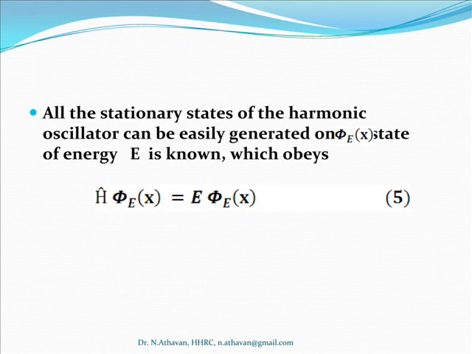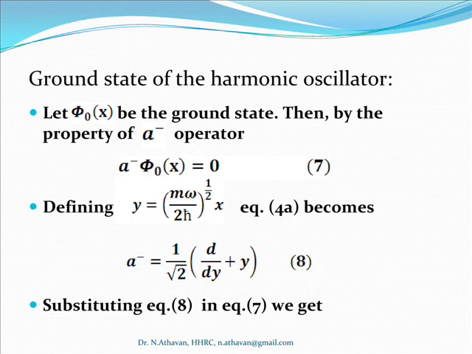Now one can generate all the stationary states of the harmonic oscillator once a state phi E of x is known, which has the energy E and obeys H phi E is equal to E phi E. In order to find the ground state of the harmonic oscillator, let us assume that phi 0 of x is the ground state.